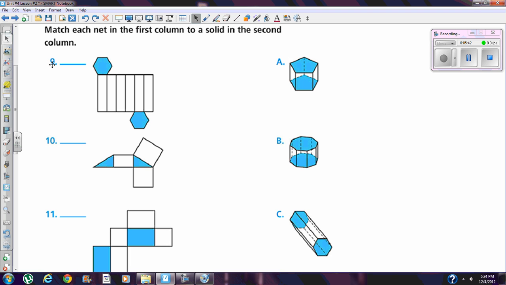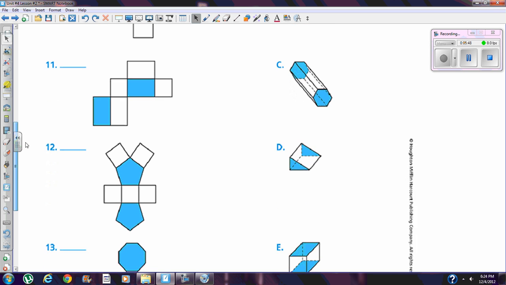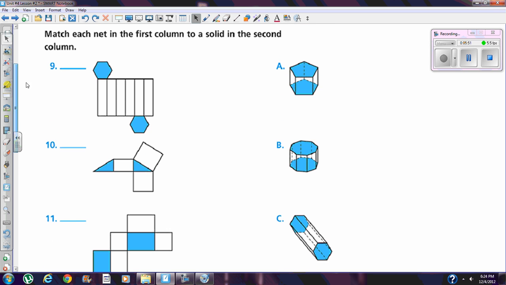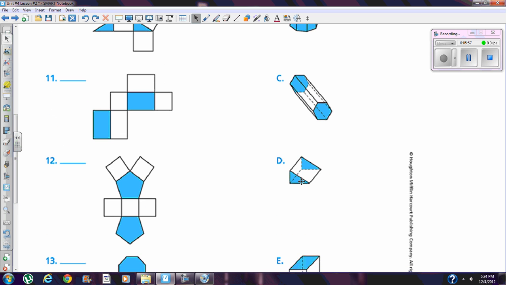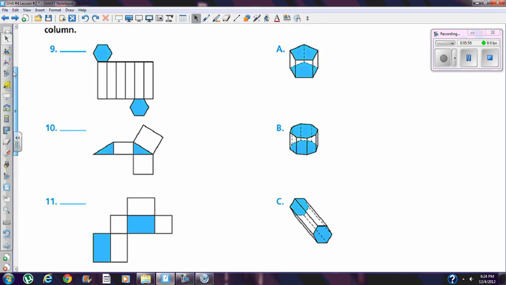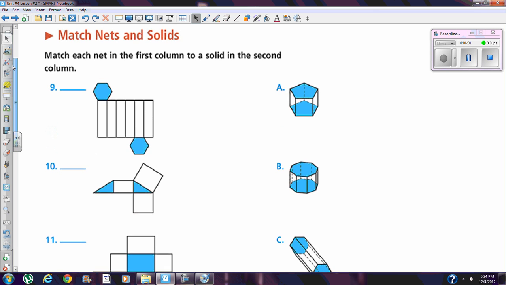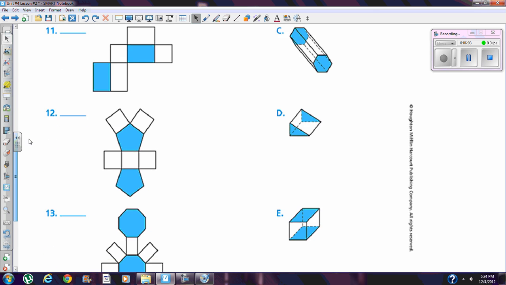Number 9, would it be A, B, C, D, or E? And again, you should look at some obvious clues, like, for example, a triangle not represented in its net. So obviously the answer would not be letter D.